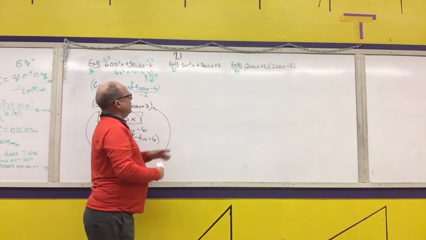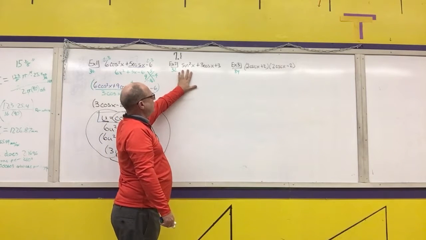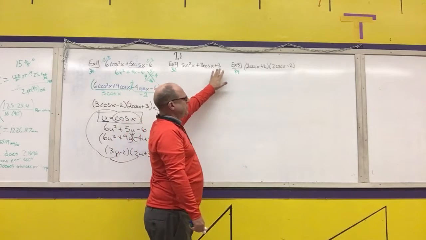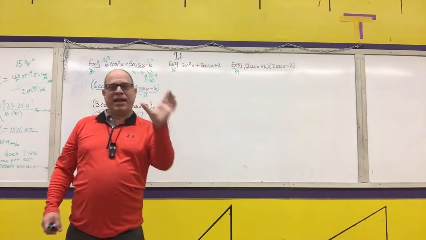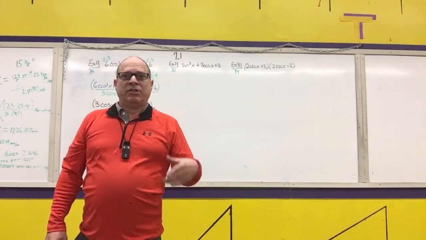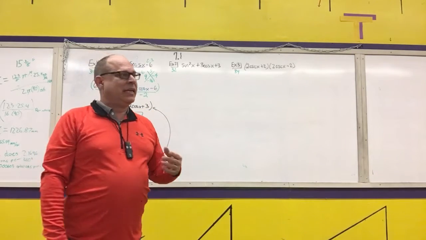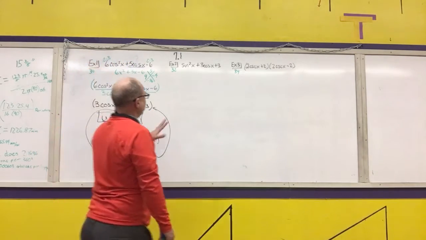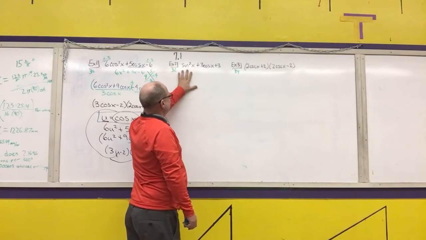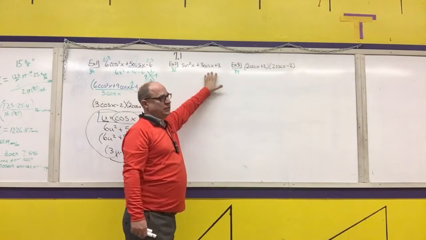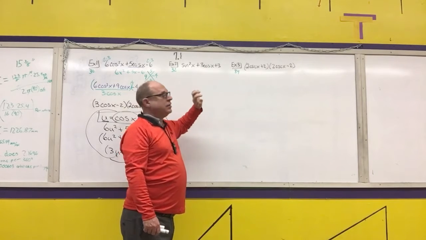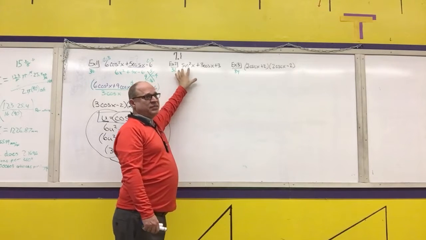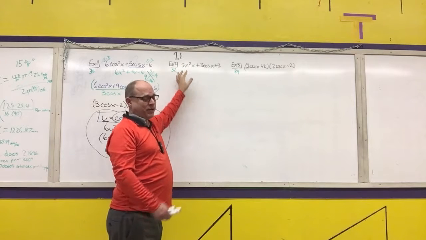This next example, it says sine squared x plus 3 cosine x plus 3. I can't just directly factor that one because I have sines and cosines. So what I want to do is use one of my fundamental identities to turn either this cosine into sines or these sine squareds into cosines. Well, I don't have anything directly to turn cosines into sines, but I do have something that will turn sine squareds into cosine squareds.